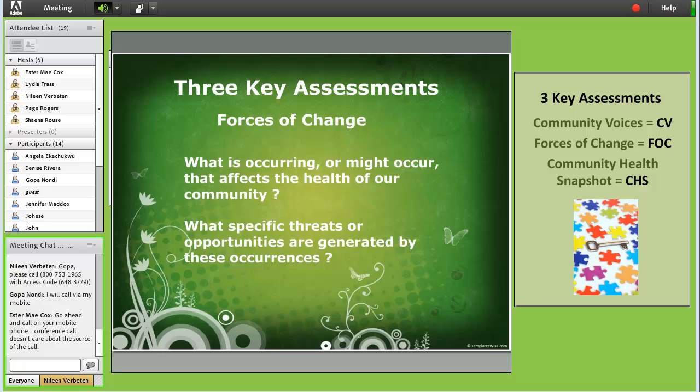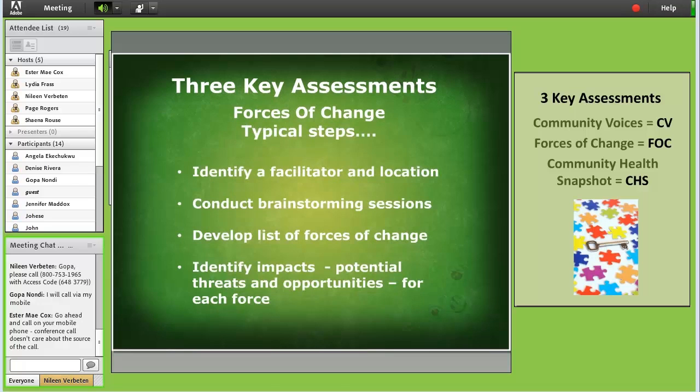Again, steps here, you would need to identify a facilitator and a location. You would need to create a list of forces of change and identify potential impacts, threats, and opportunities for each one of those that you identified. And responding to these questions really requires a balanced approach.